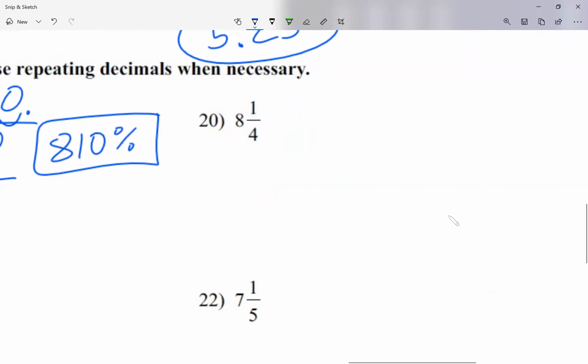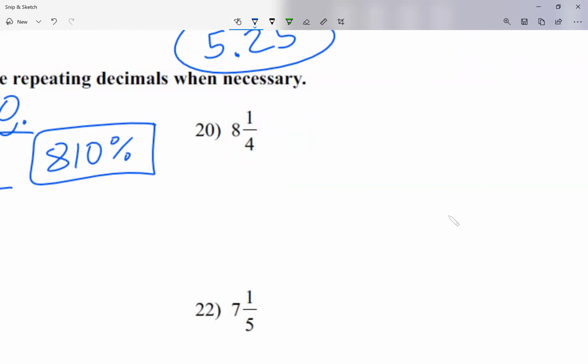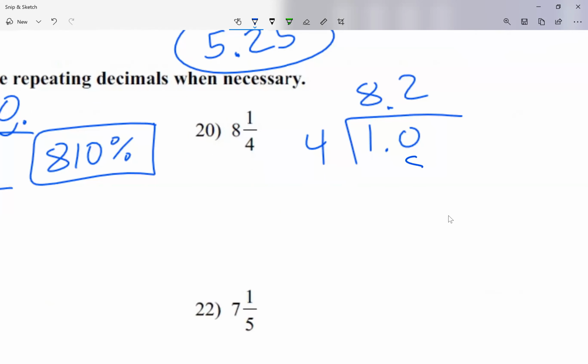All right. Using division again, looking at number 20, I'm just going to divide 1 divided by 4. Again, I'm just focused on the fraction. In front of the fraction, I see an 8. So I'm going to put the 8 before my decimal point. Now here, let's see, 4 into 10 goes in 2 times, because 4 times 2 is 8.